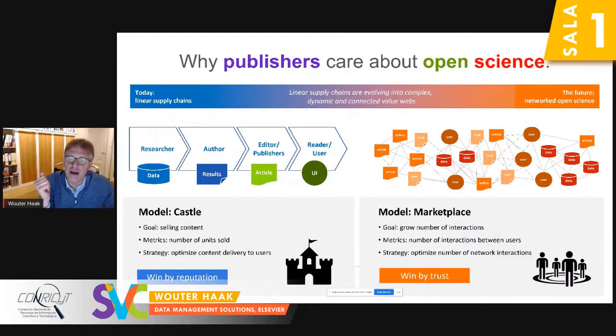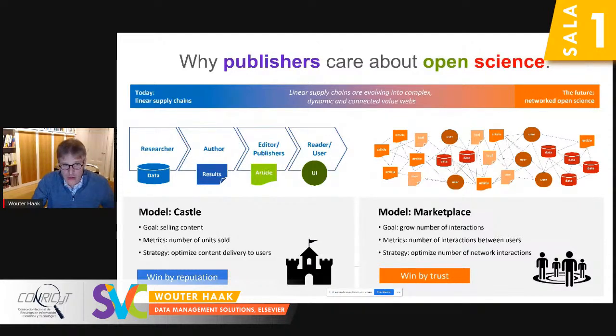What we're promoting now is a world where data, tools, users, and articles are one ecosystem, and you can connect them manually, by reading, but you can also put machines to work to extract new research from this, like the Pathway Studio example that I used. The big difference is that in the first model, it's a reputation game.